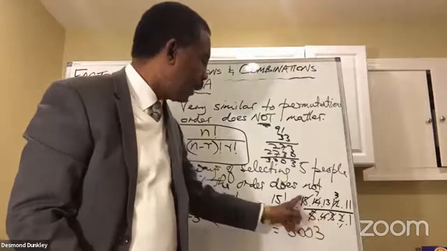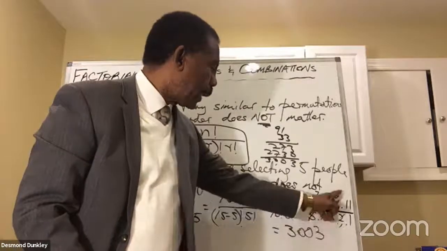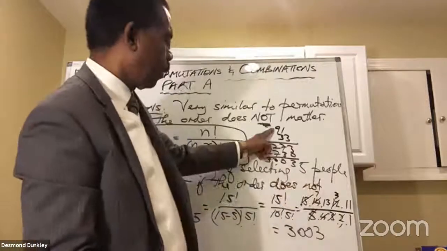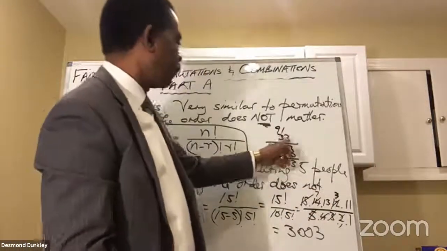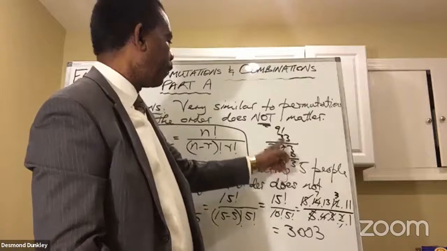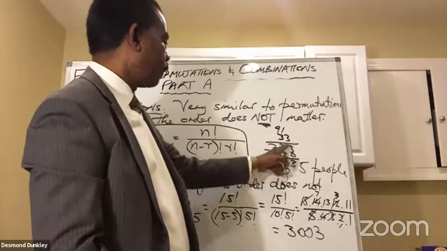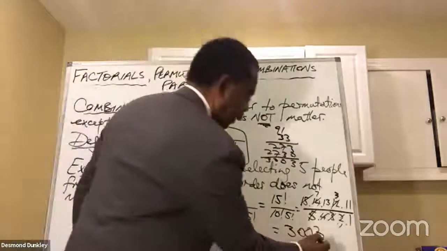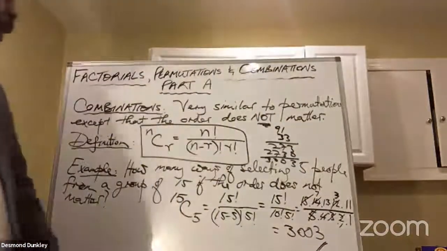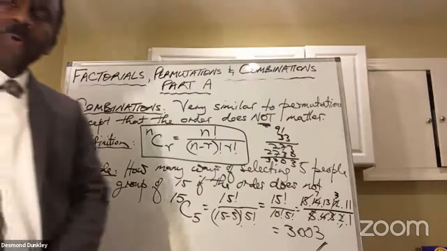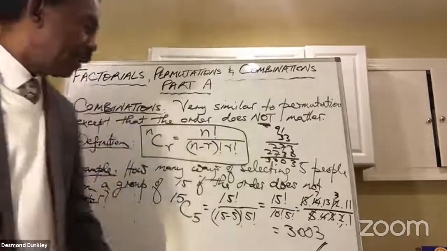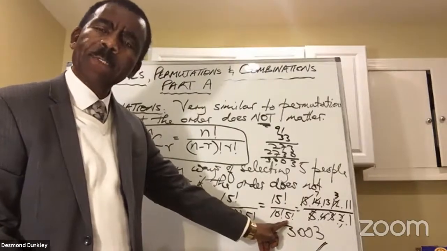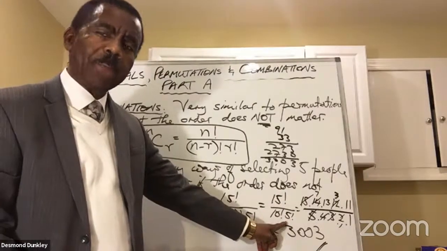So 15 and 3, yes. 4, yes. 2, 7. So 7 times 13 is 91. 3 times 11, 33. 3003, final answer, yes. There it is. How cool is that? If we're doing permutation, then we would not be dividing by this 5 times 4 times 3 times 2 times 1. You would not have that part.